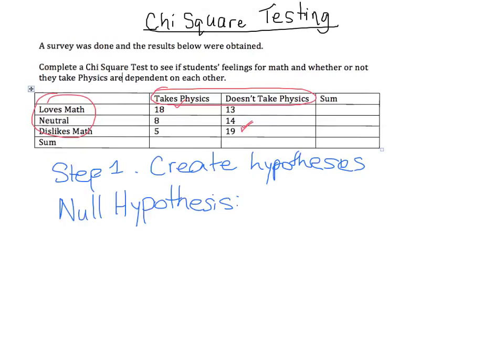So in this case, whether or not you love math, so feelings for math, is one of my variables, and whether or not you take physics is my other variable.